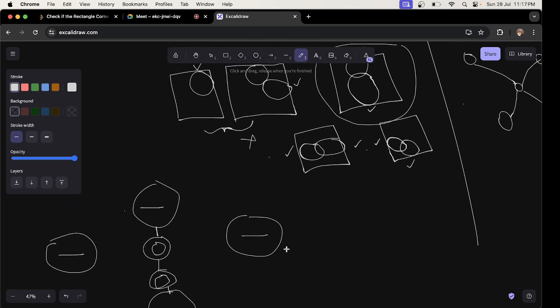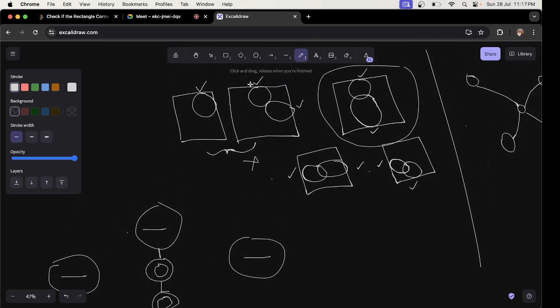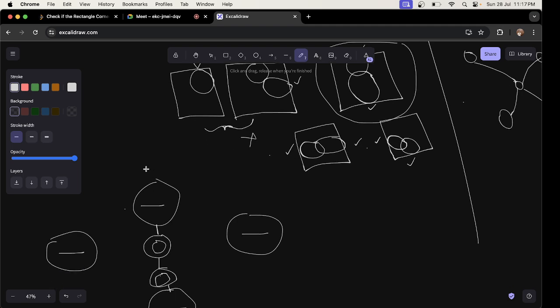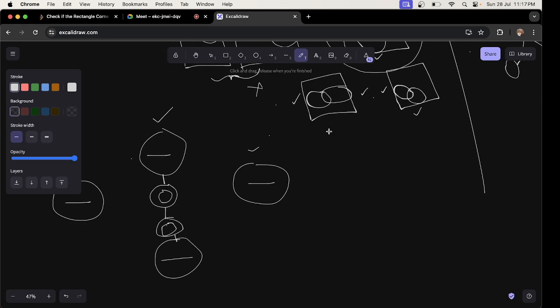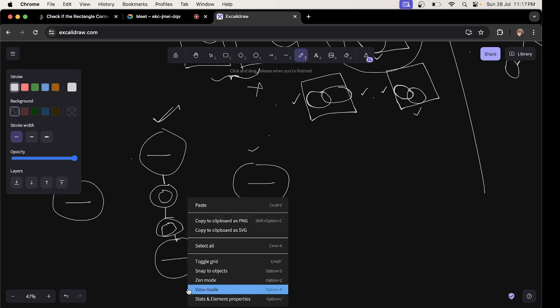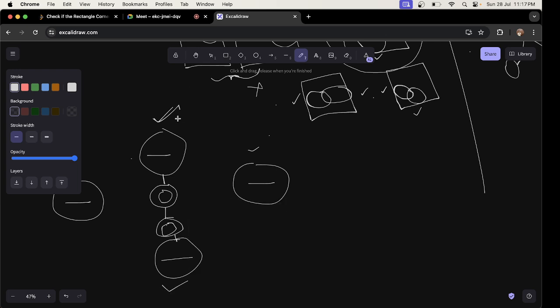So what combinations did I mention? Top and right. From this node to this node, is there any path? No. From top to bottom, is there any path? Yes, this is the top edge, this is the bottom edge. So there is a path from the top edge to the bottom edge through these circles.